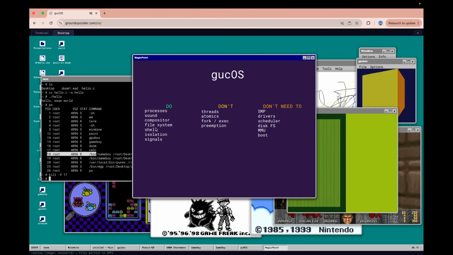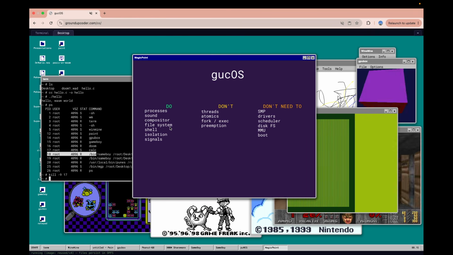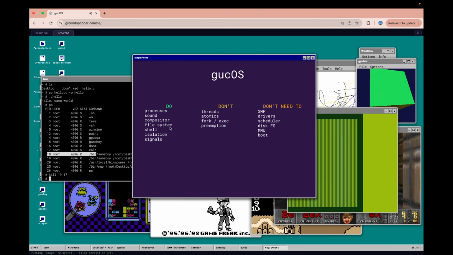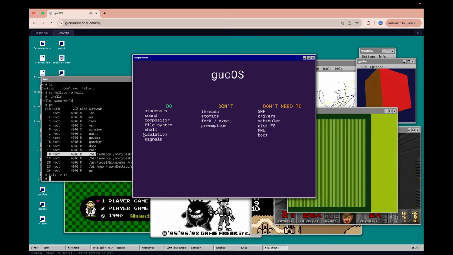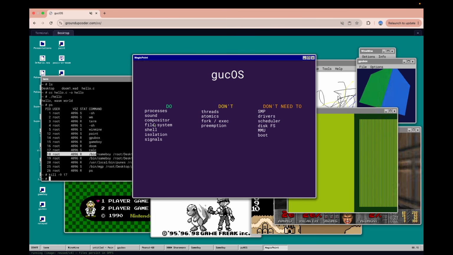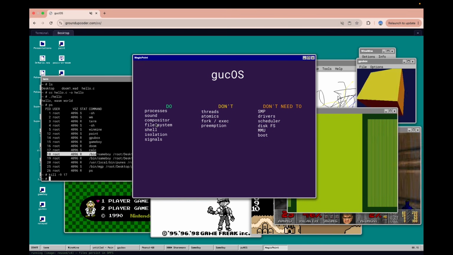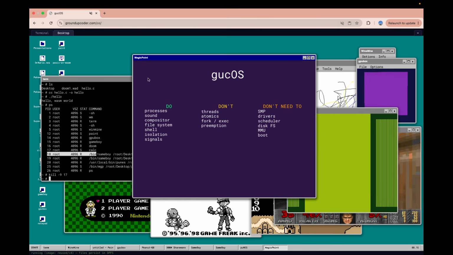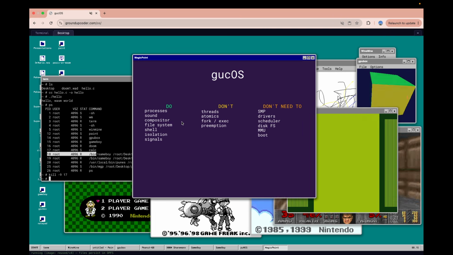File system is a funny one, because there's this thing in the browser called OPFS, or what does that stand for? Something. It's an API in the browser that lets you interact with a virtual file system, and it's persistent, right? So if I reload the page, that file system still sticks around.